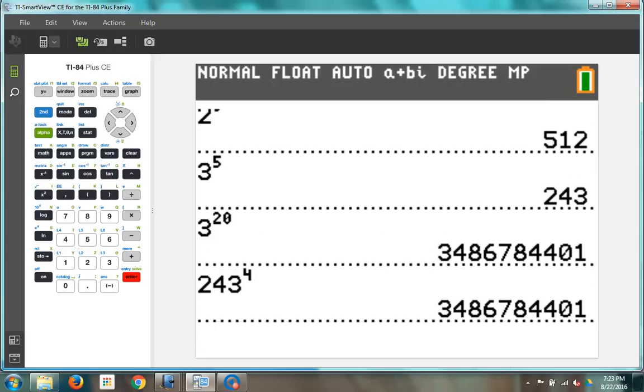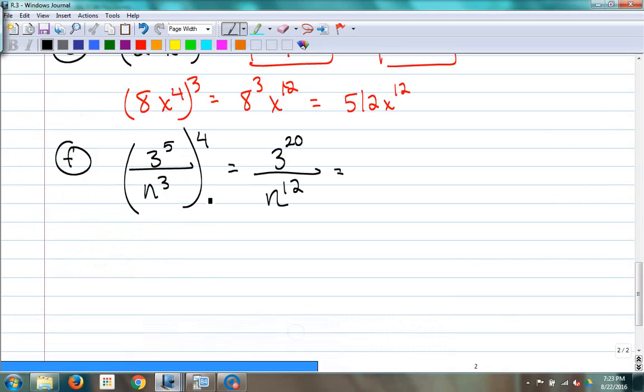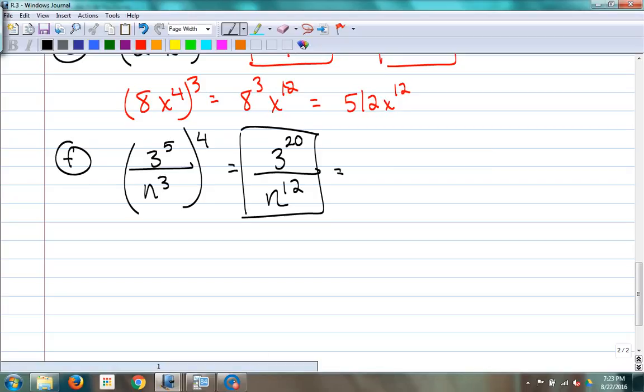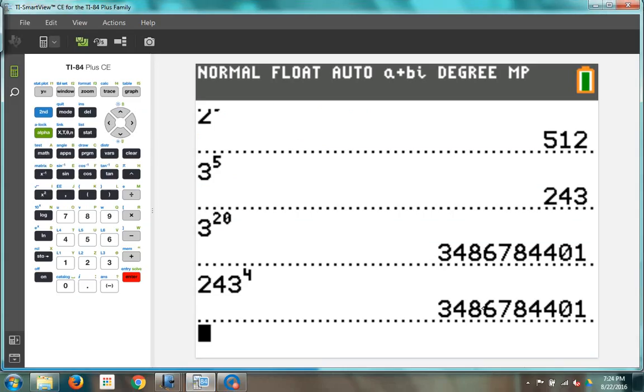For this one, I definitely could see them not working out that number and just stopping there, saying it's 3 to the 20th over n to the 12th. Don't work out 3 to the 20th because it's that big long number. Let's see, there's million, there's billion. 3,486,784,401.